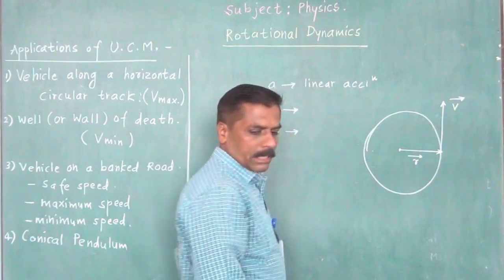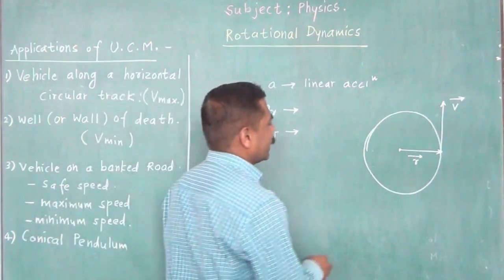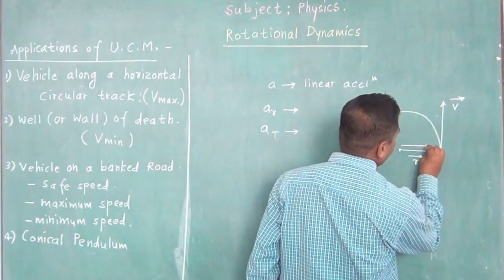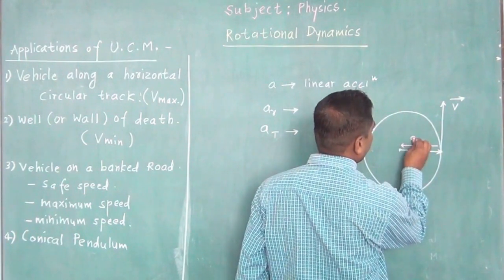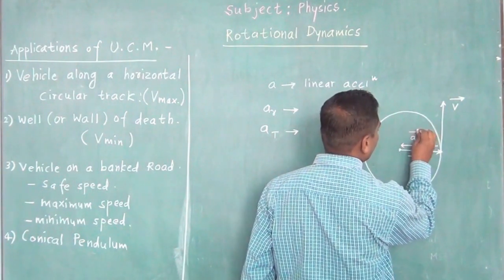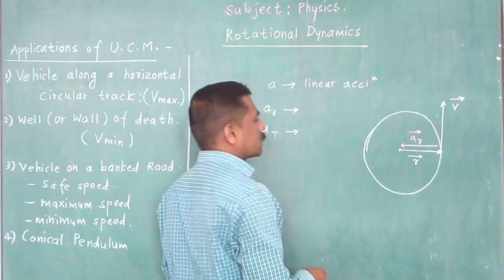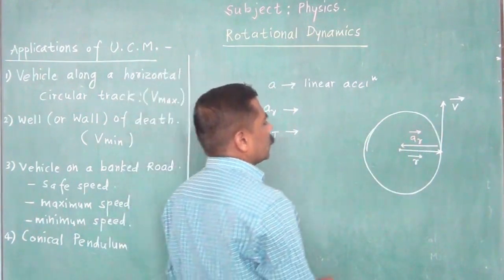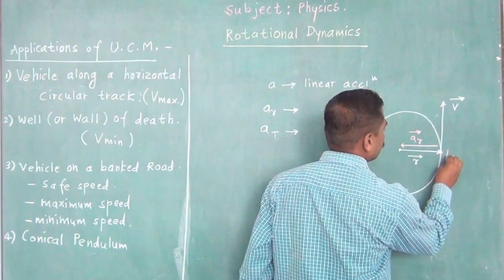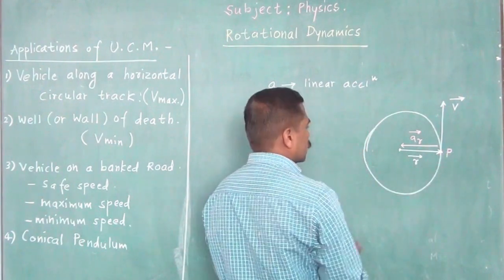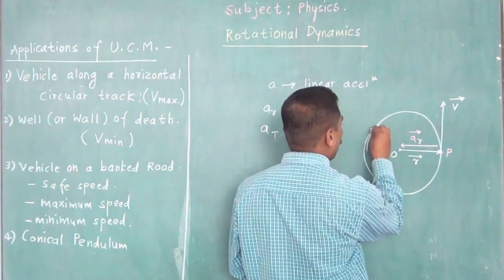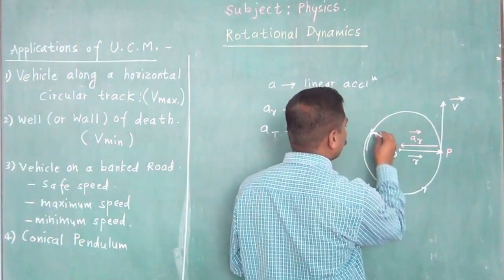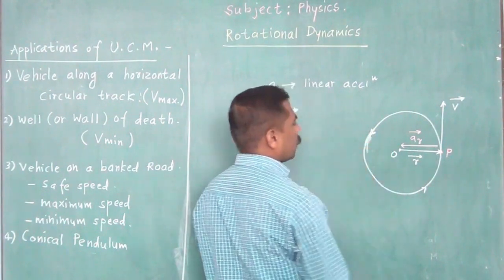The direction of the radial acceleration is along the radius towards the center of the circle, where O is the center and the particle is moving along the circumference.